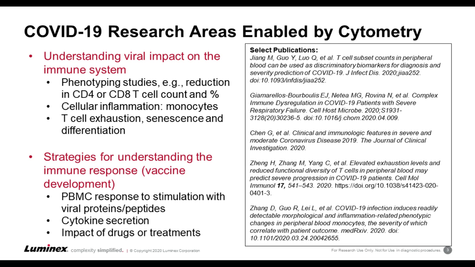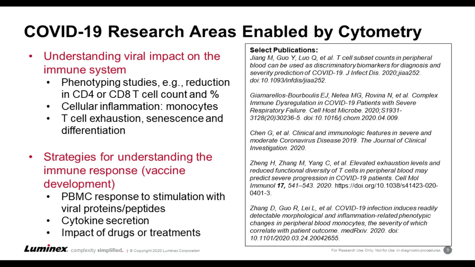Select few examples are indicated on the right, and some of these early studies have found some key markers. Many have identified a pattern where the T cell absolute counts, the CD4 and the CD8 counts in blood from COVID-19 patients are drastically diminished in response to severe infection. And further, some of these populations also seem to recover as the patient recovers.